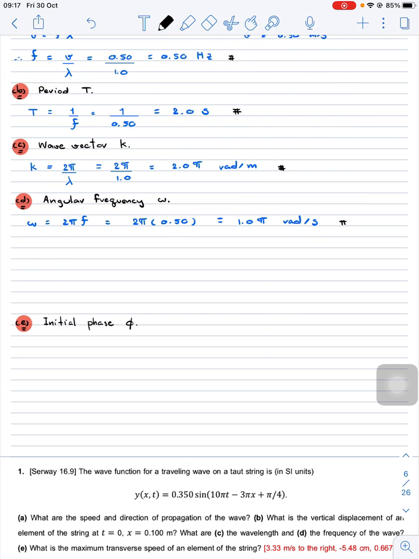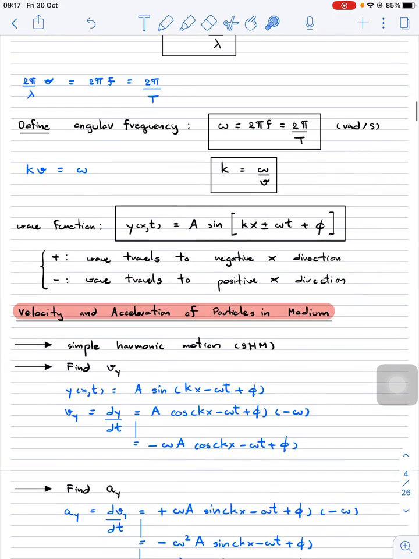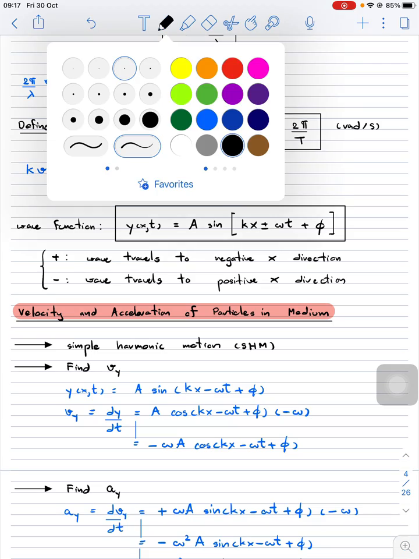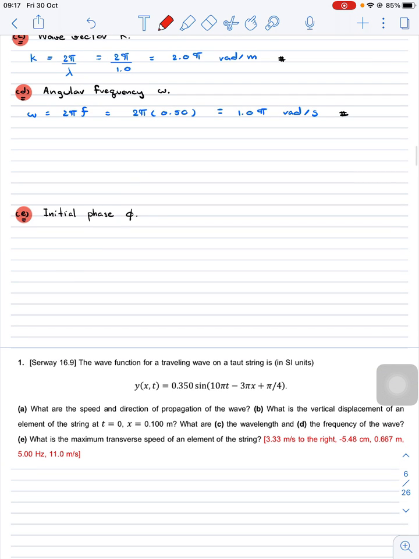That is the angular frequency. And actually we can use another equation to solve for the angular frequency as well, because we know k already and we also know v already. So let's try this one. Omega equal to k times v.